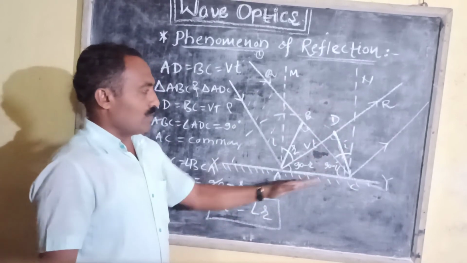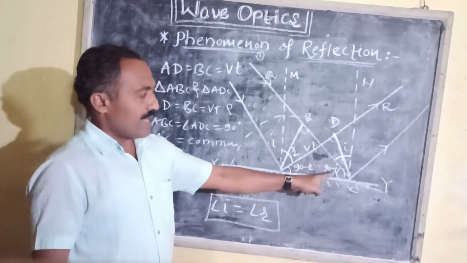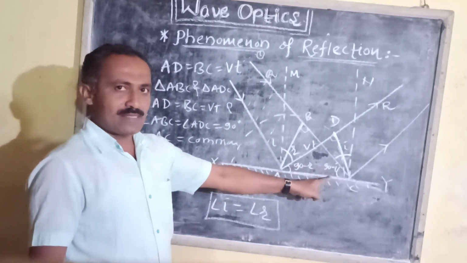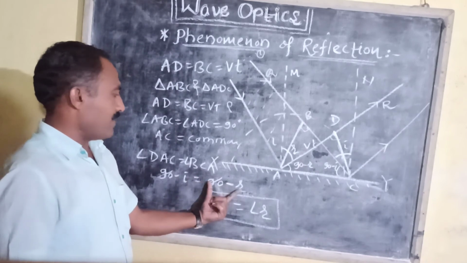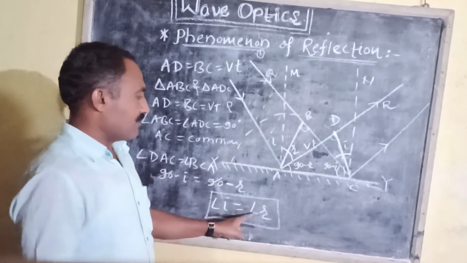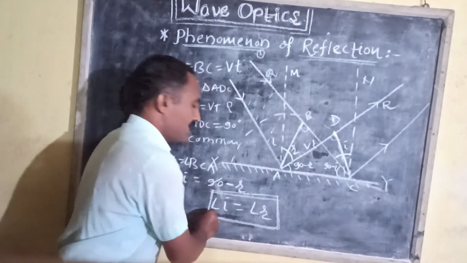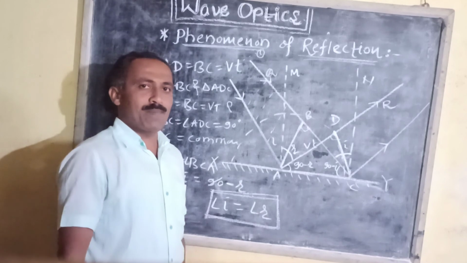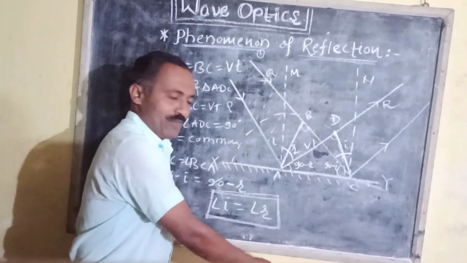From the geometry of the figure, angle A is equal to 90 minus R and angle C is equal to 90 minus I. Therefore 90 minus I is equal to 90 minus R. The 90 cancels, we get I is equal to R, and this proves the phenomenon of reflection, that is, angle of incidence is equal to angle of reflection.